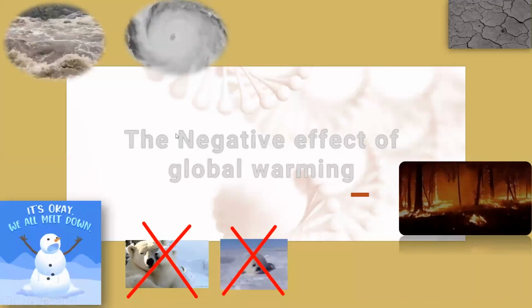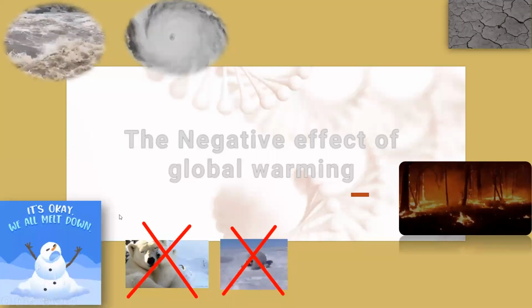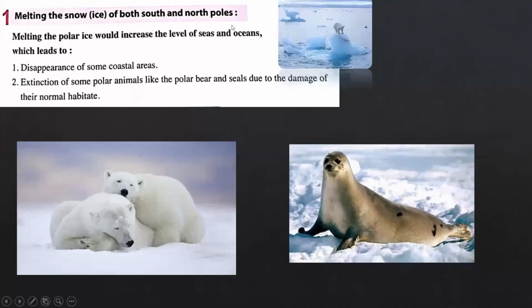Now let's talk a little about the negative effects of global warming. The first negative effect of global warming is the melting of snow at both the South and North Pole.